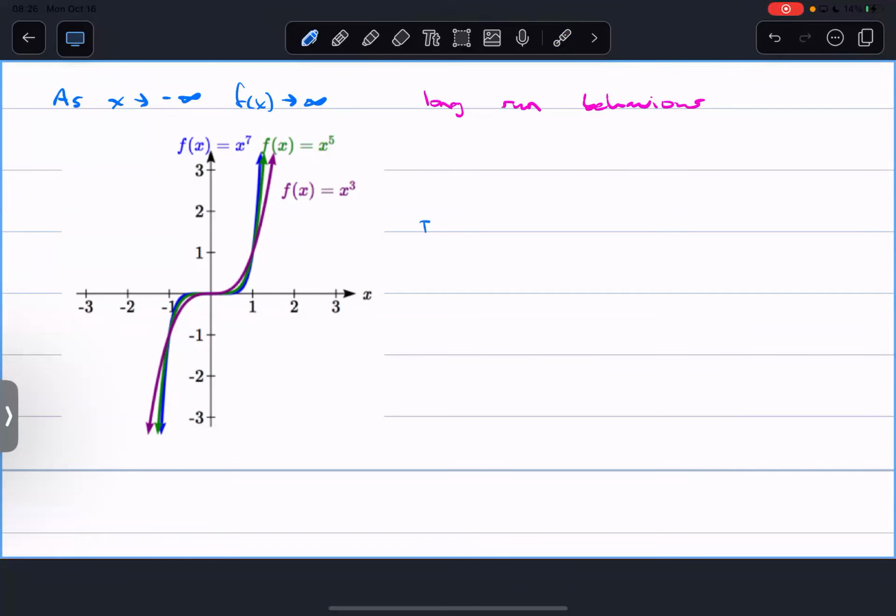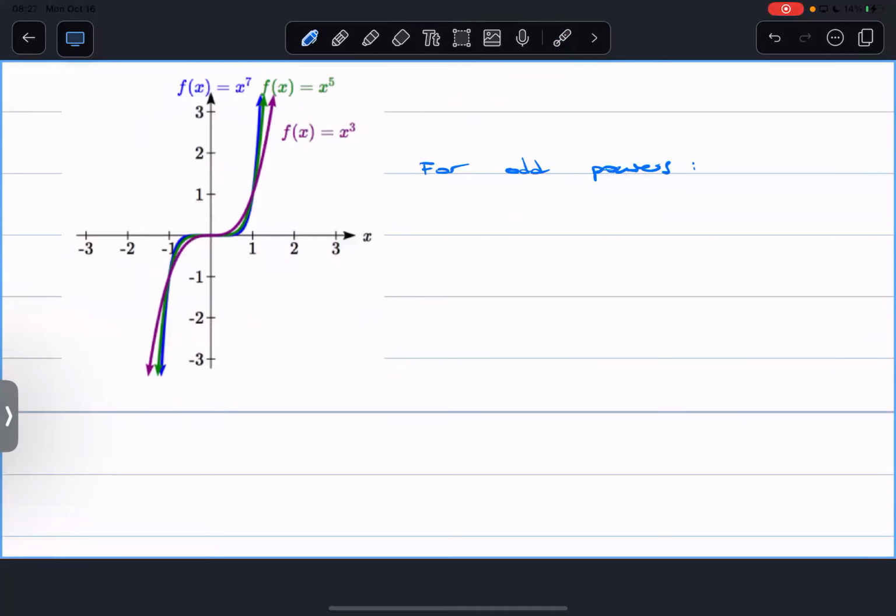And so for odd powers, as x goes to infinity, f of x is also going to go to infinity. And as x goes to negative infinity, f of x is going to go to negative infinity.